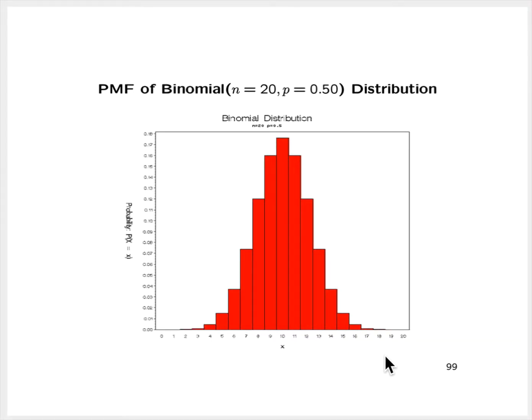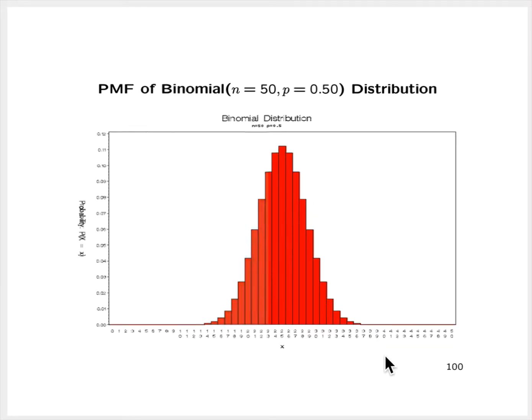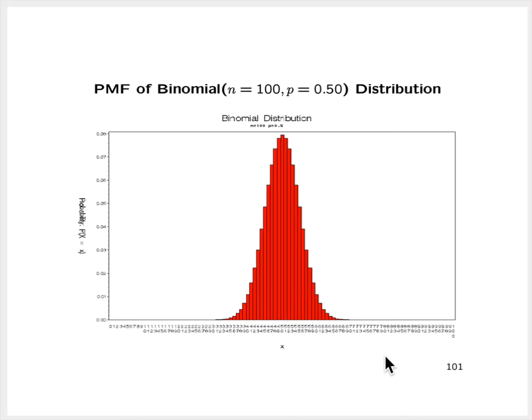If we increase the sample size to 20, again, p being equal to 0.5, we have a perfectly symmetric distribution, and so its skewness coefficient would be 0. Here we have the binomial PMF when n is equal to 50, with p equal to 0.5, again a perfectly symmetric distribution. And then finally, when n is equal to 100 and p is equal to 0.5, again a perfectly symmetric distribution.